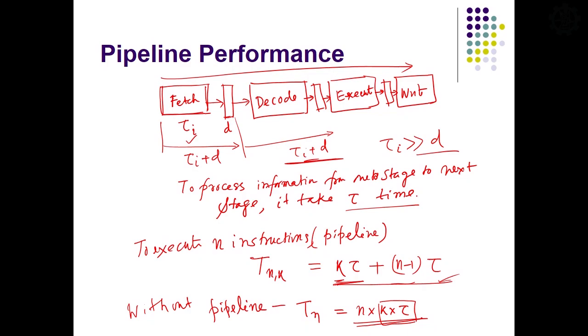Now, how much speed up did we get if you use pipeline compared to not using pipeline? So, what will be the speed up? That is the pipeline performance. Without pipelining, it is n into k into tau.